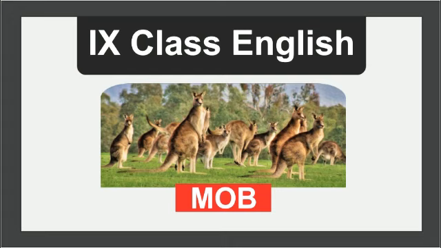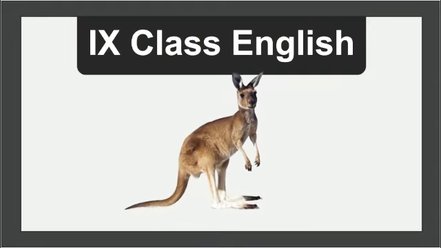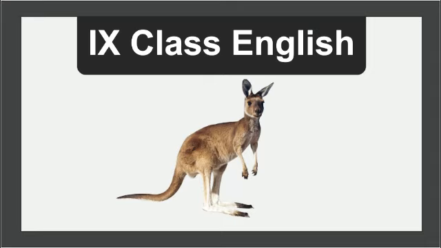Kangaroos, when they stand, are almost 6 feet tall. Can you see the picture clearly? The kangaroo has 2 pairs of legs, hind legs and front legs. Hind legs means backside legs.